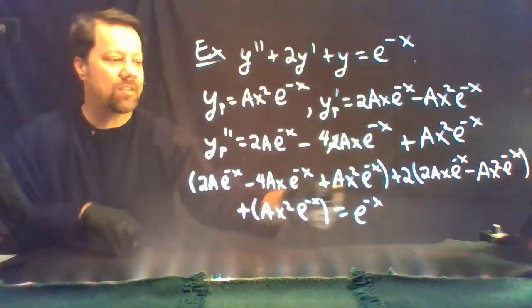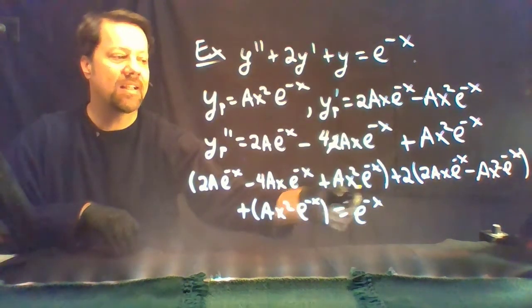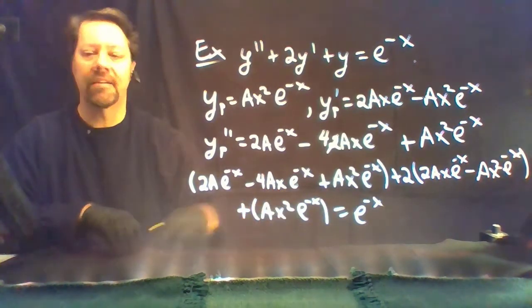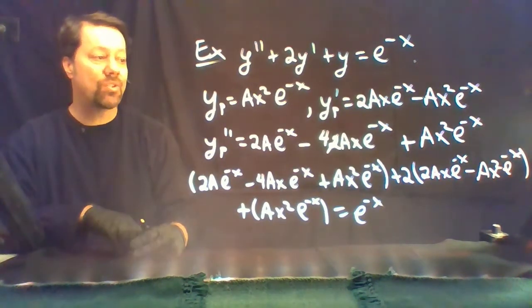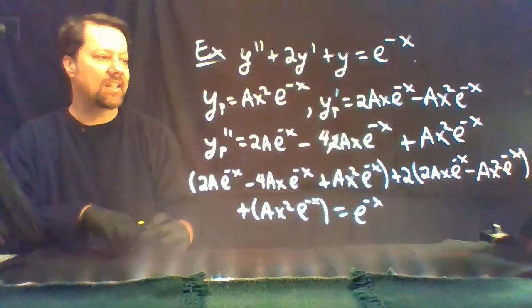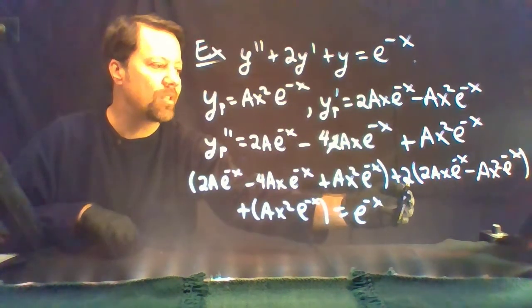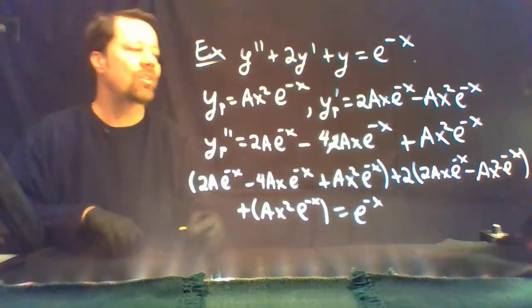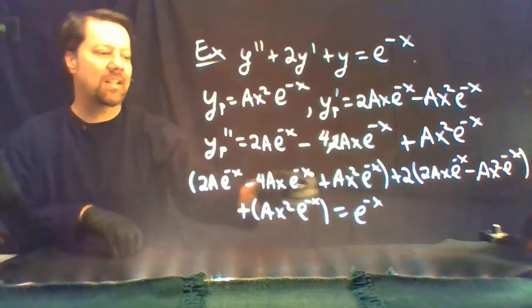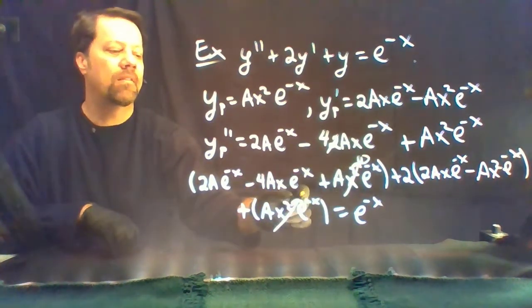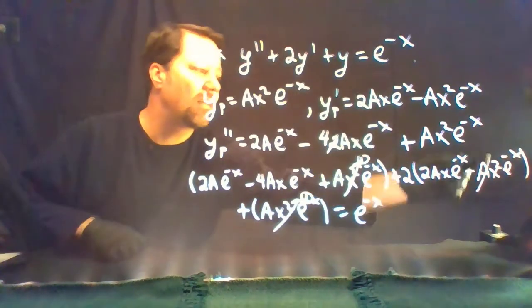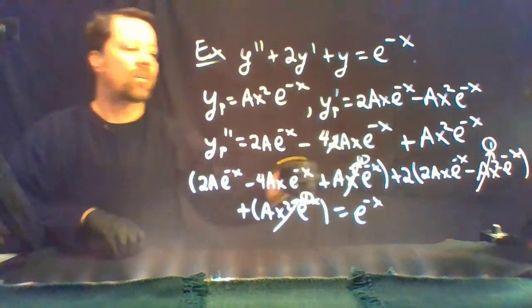In this grouping we have an ax squared e to the negative x, and here's another ax squared e to the negative x. 1 plus 1 is 2 ax squared e to the negative x. When we distribute the 2 here, we'll get a minus 2 ax squared e to the negative x. So this term and this term all cancel out.